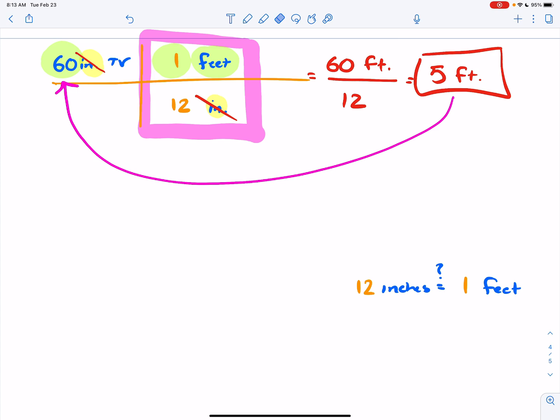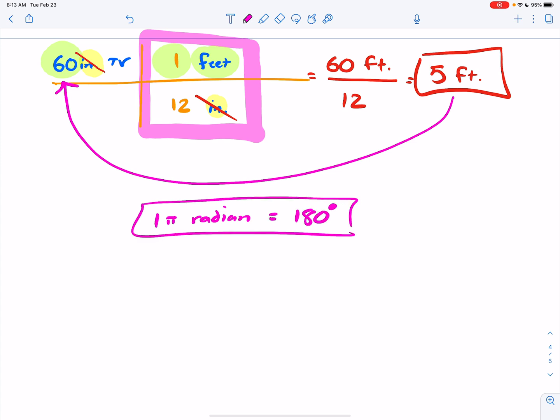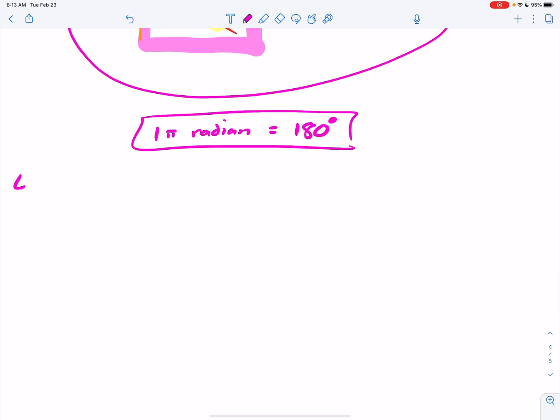Okay? So it's the same idea here. You're going to be given angles in degrees. We're going to try to find out what it is in radians so that it's equivalent, all right? So remember that 1 pi radian is the same thing as 180 degrees. Okay, here's example 1.